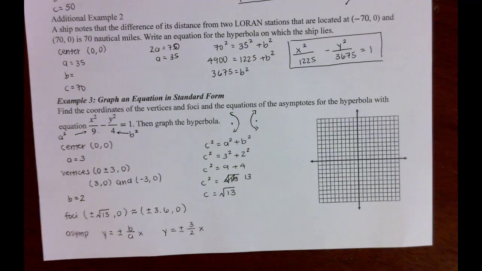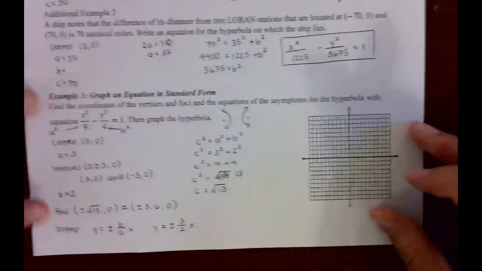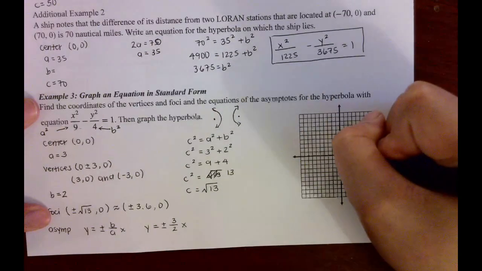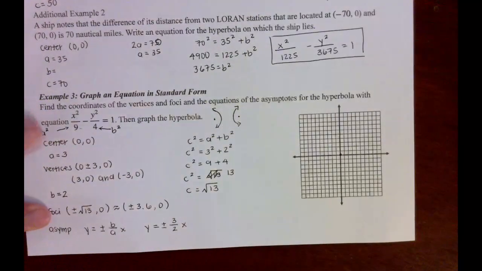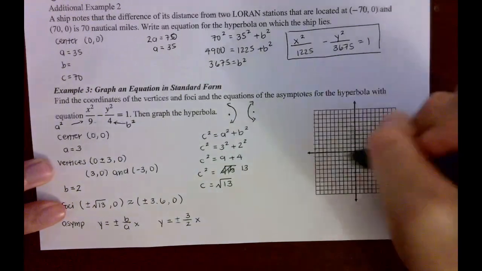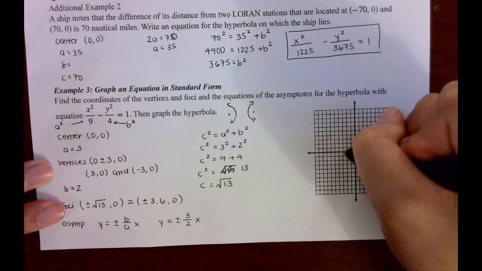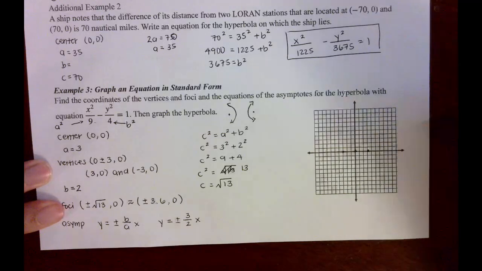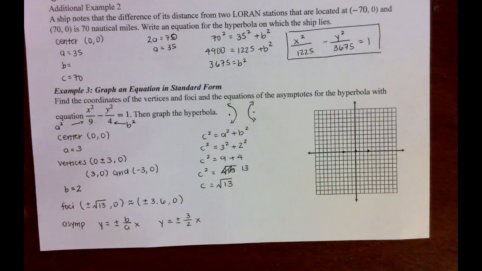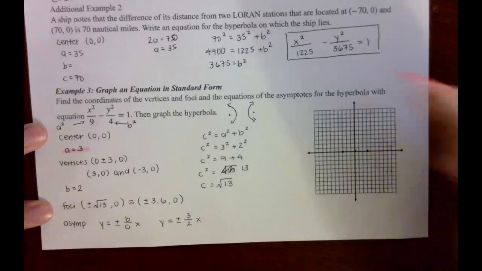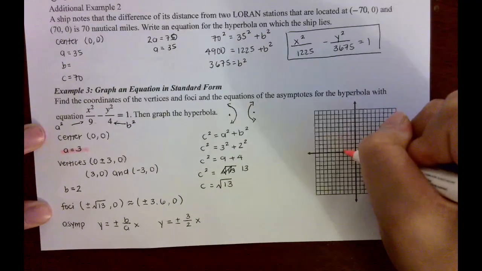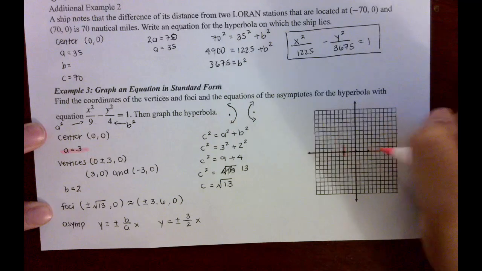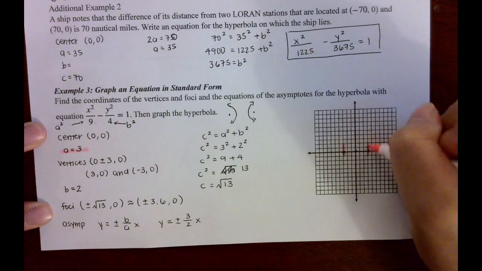Okay, so let's start by graphing our center, which is at 0, 0. Then my vertices, with a being 3, I'm going to go right 3, 1, 2, 3, left 3, 1, 2, 3. So that's my vertices. Using that, I'm going to make a line here. Essentially, I'm making a box.